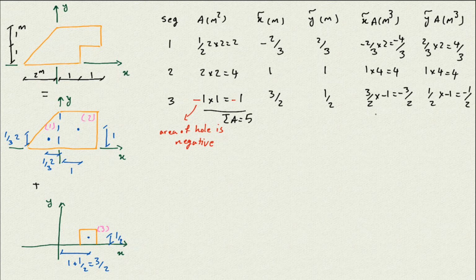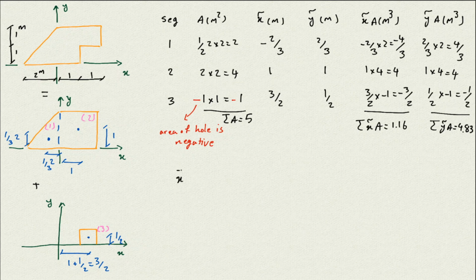And then here we add this column together, so it's going to become 1. And the same as here, the sigma would be 4.83. So the same as before.